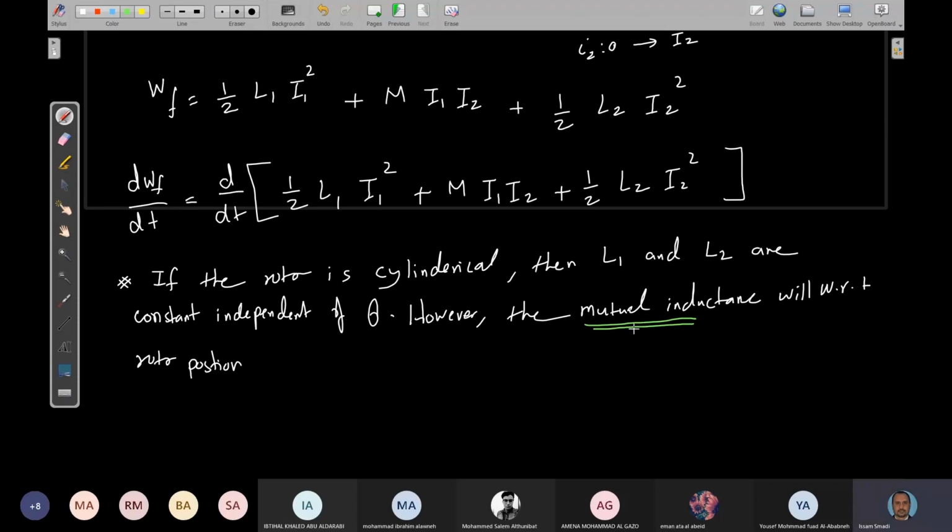If I redefine the mutual inductance, actually it is how much of the flux generated in one coil will link the second coil.